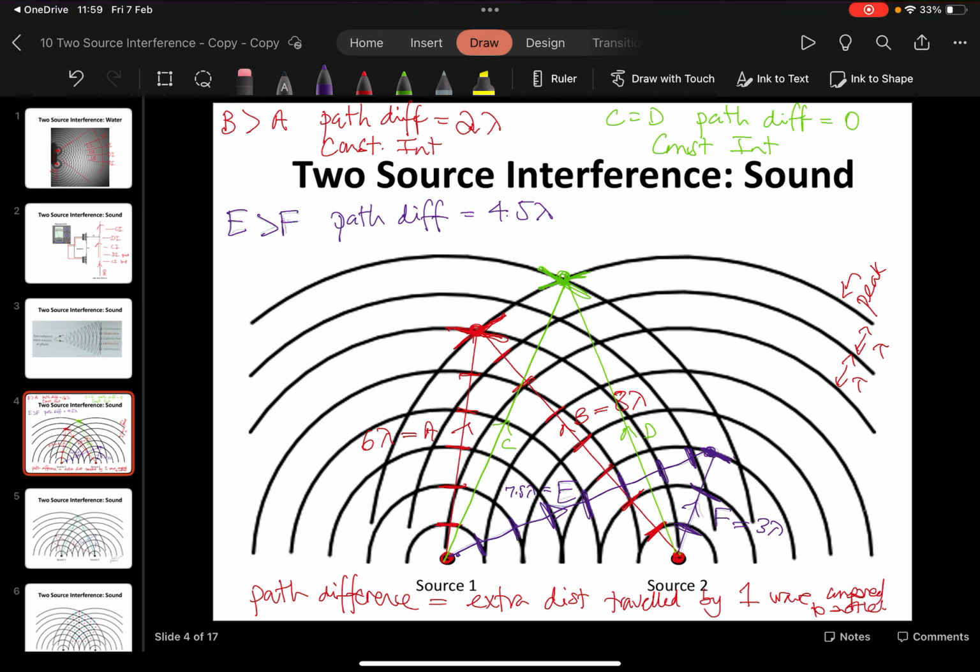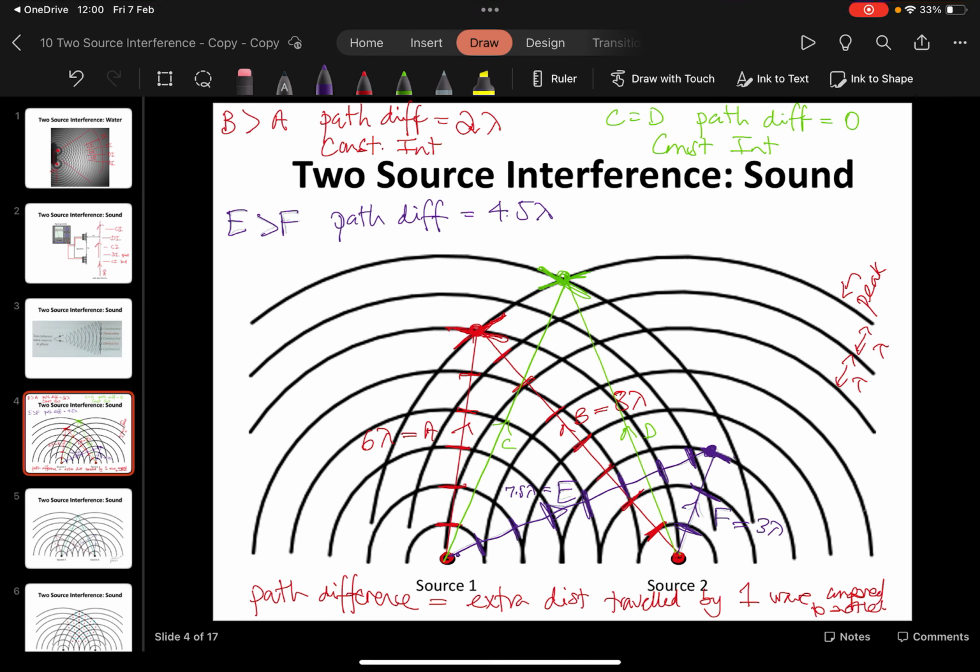Okay, so what are we going to observe at this point? Well, I've got the trough from wave E meeting the peak of wave F. It's a trough meets peak now because the point that I've chosen is in between the two peaks from source number 1.